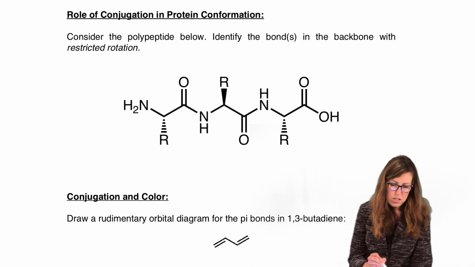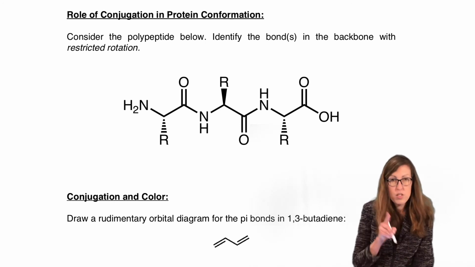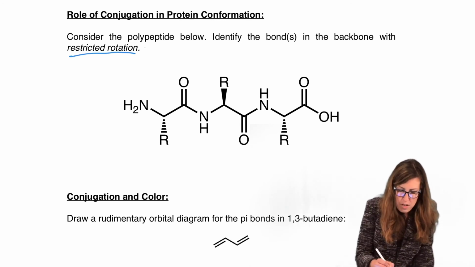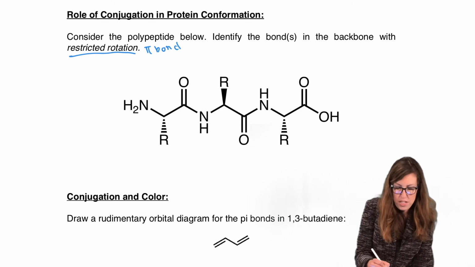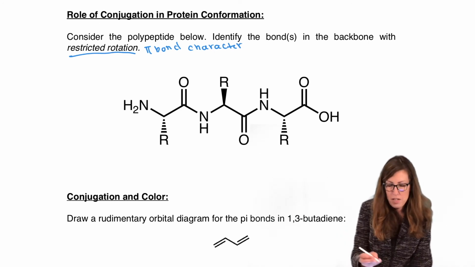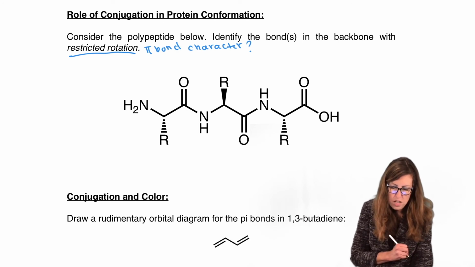Okay, so what would cause restricted rotation? Anything with pi bond character. Notice I said character. It doesn't even have to be a total pi bond. A pi bond has no rotation, but if it even has pi bond character, it will have less rotation. So in other words, what sigma bonds in the backbone can have pi bond character?